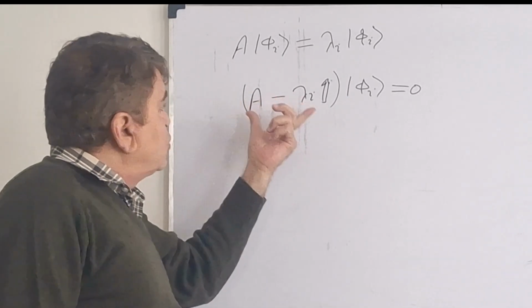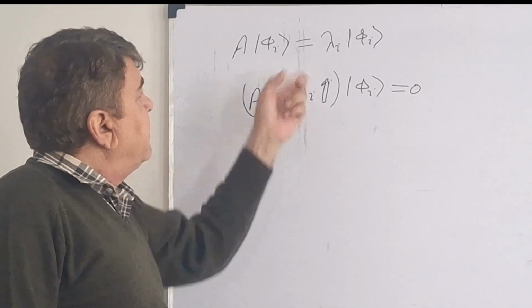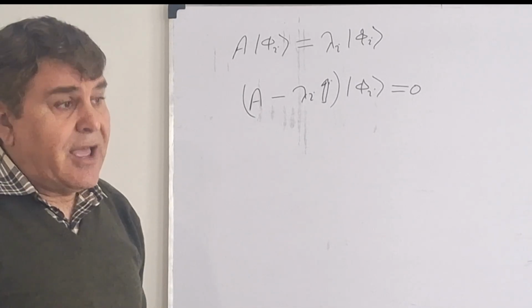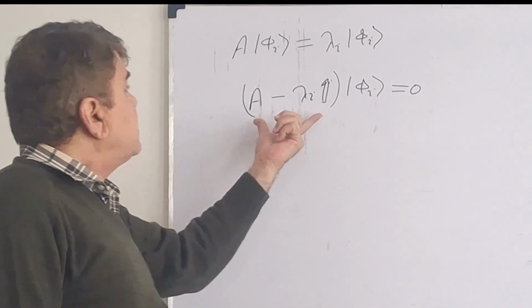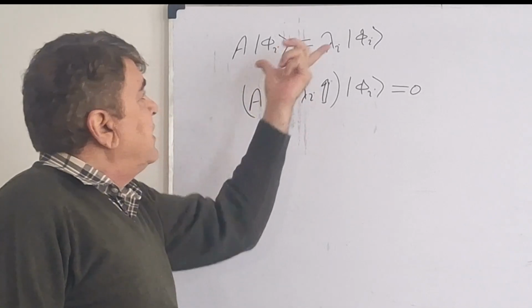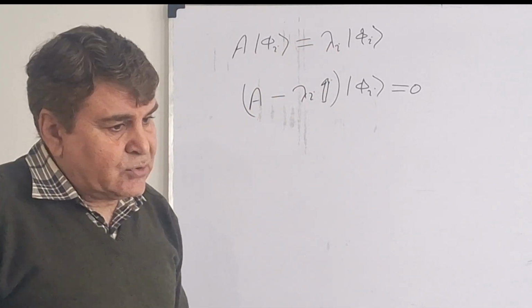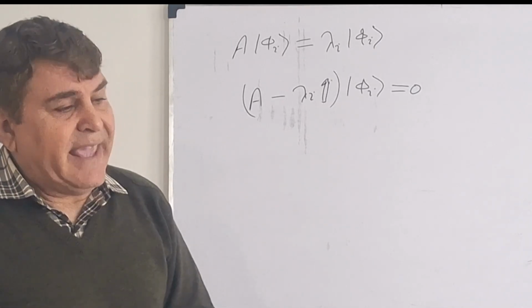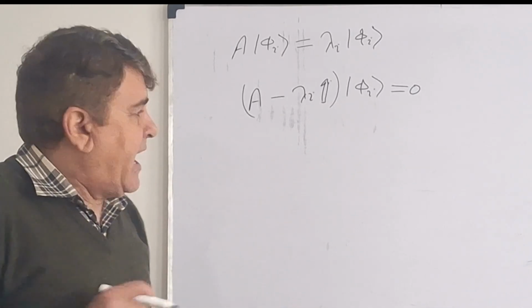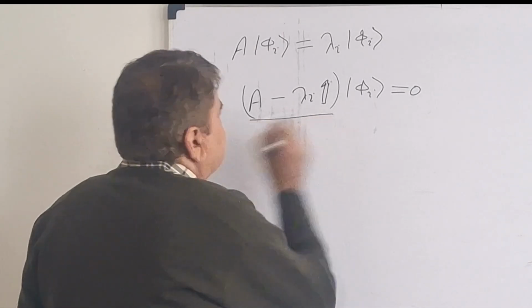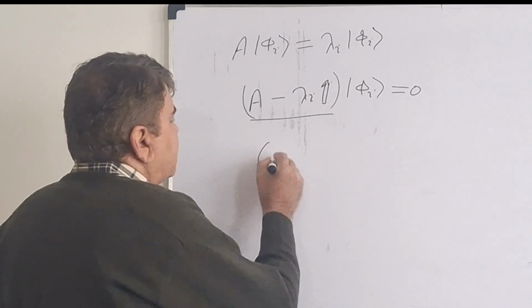And if it has no inverse, only then does this equation have some physical interpretation. On the other hand, if the inverse of this matrix exists, the eigenvalue equation loses its importance to interpret certain physical behavior.